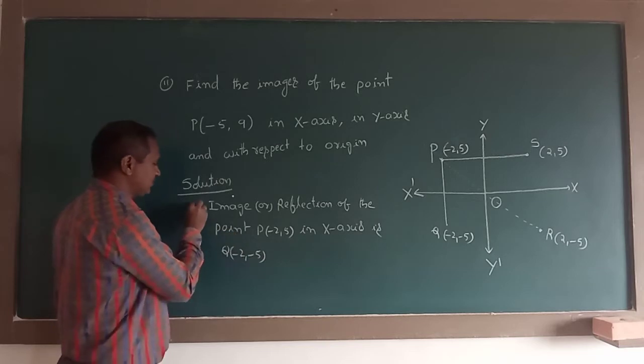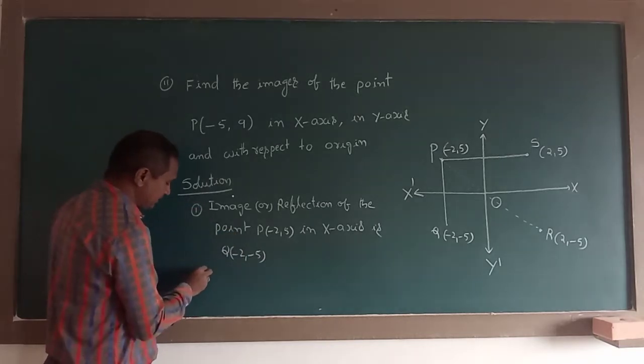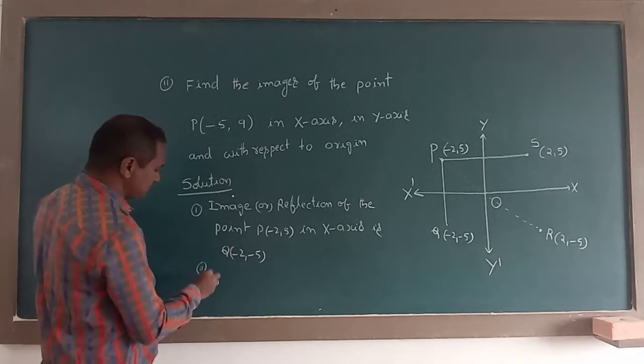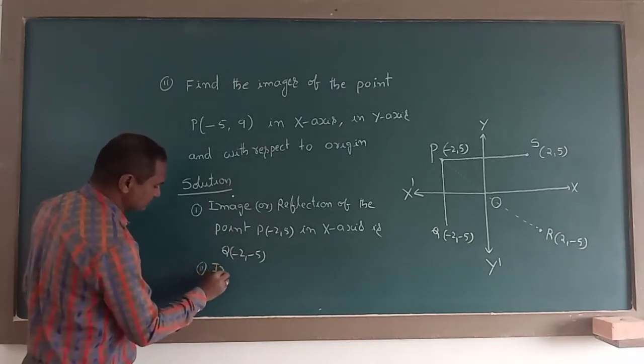That is the first point. The second point is the image of the point.